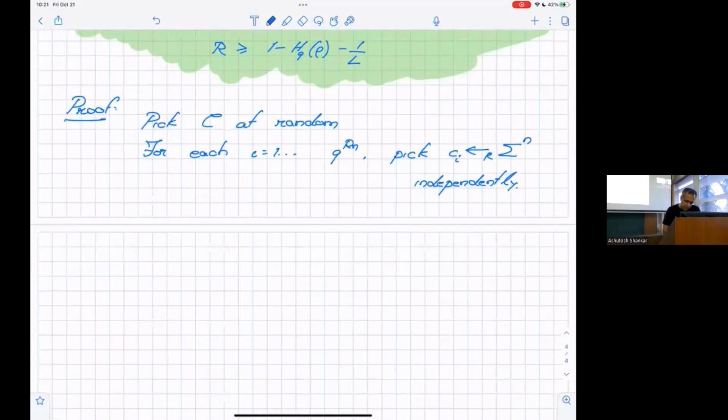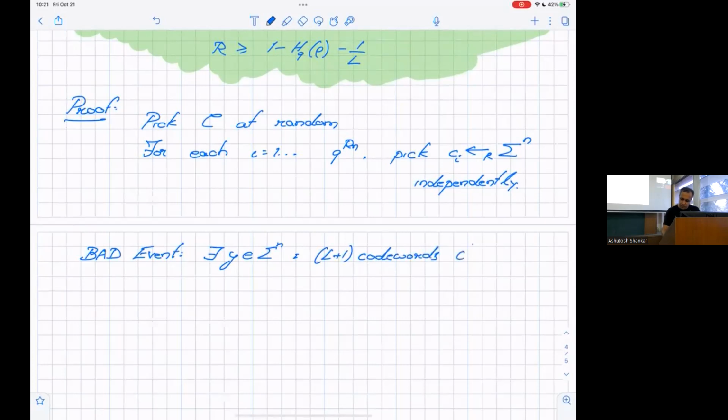And what is the bad event that we have to be fighting against? The bad event is that there exists some y and L plus 1 code words C0, C1, all the way up to CL, such that Ci is in the ball of radius rho around y for all i.